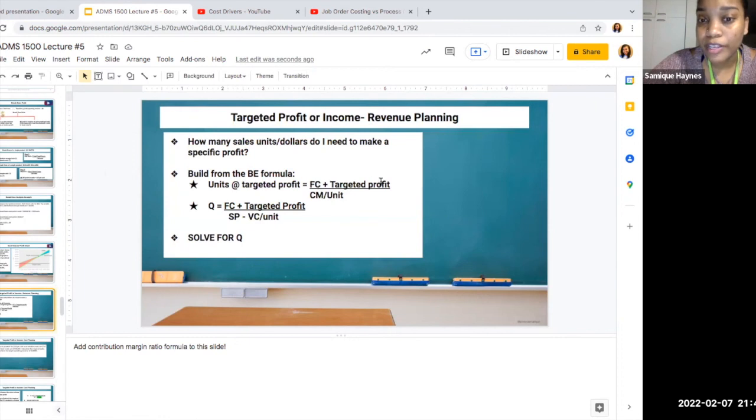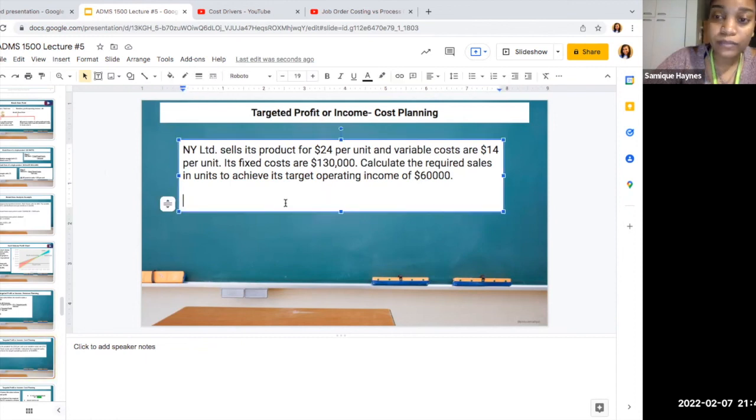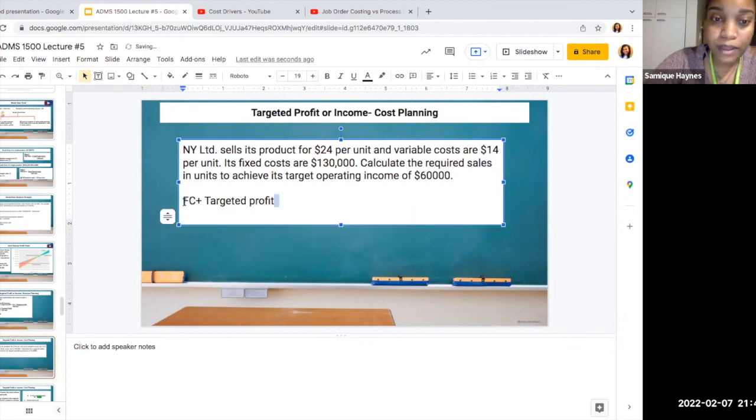Fixed cost plus targeted profit divided by contribution margin per unit. So that will be equal to 130,000 plus 60,000 divided by 24 minus 14.